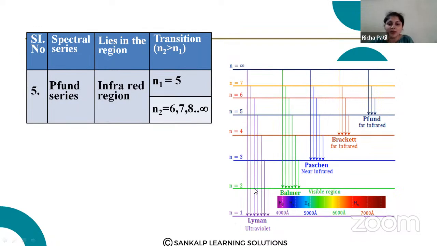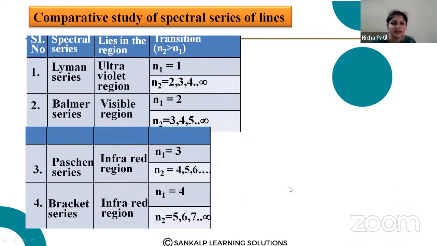These lines fall in the ultraviolet region, that is the UV region, and it is named after the scientist Lyman. So your n1, the ground state, will be 1, and n2 will be from 2, 3, 4 till infinity. These are the first series.